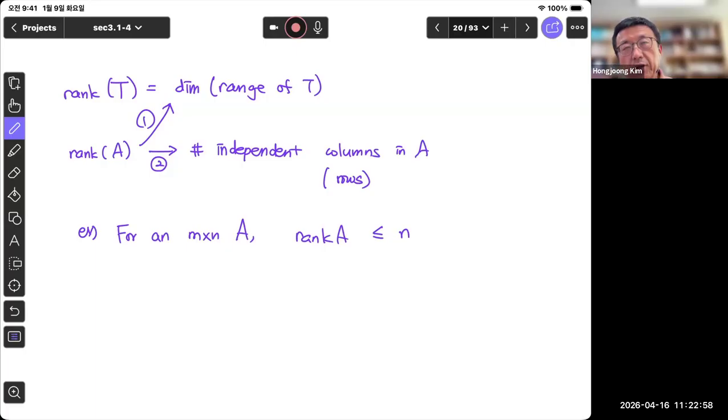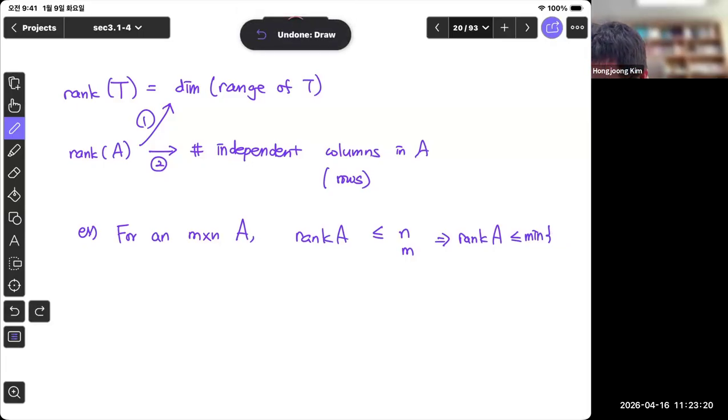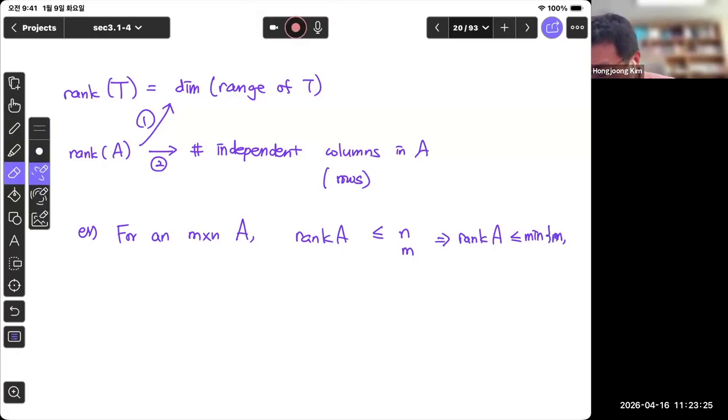So the rank cannot be greater than n, or greater than m as well. So the rank of A is bounded by the minimum of m and n.